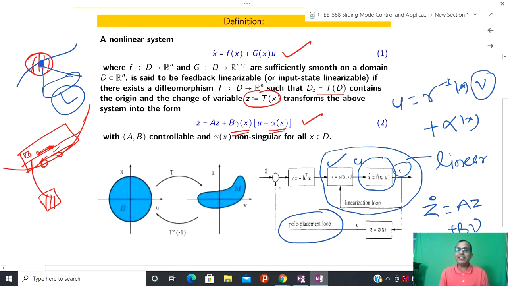I cannot say that after applying control the closed loop system is linear, but you can see that the input is still nonlinear. What is the input? Gamma inverse x nu plus alpha x, and for designing nu I have just applied the theory of linear control systems. So the final, original control that you are going to apply is still nonlinear.